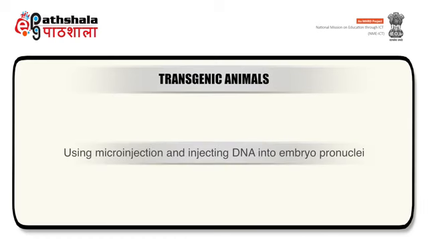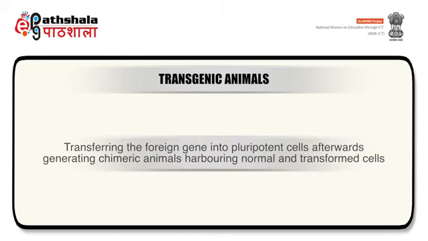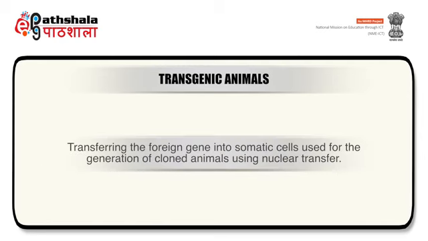Generating transgenic animals can be achieved by using microinjection and injecting DNA into embryo pronuclei, using lentiviral vectors or transposons, in vitro fertilization using sperm with a specific gene, transferring the foreign gene into pluripotent cells and afterwards generating chimeric animals harboring normal and transformed cells, and lastly, transferring the foreign gene into somatic cells used for the generation of cloned animals using nuclear transfer.